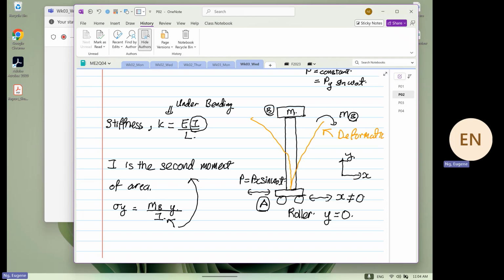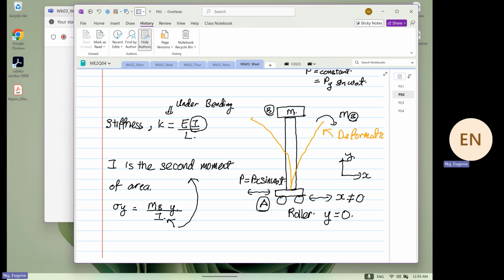If I orientate my structure this way, my second moment of area is lower compared to vertically. Repeat again. If I apply a load vertically, the second moment of area in this horizontal manner is lower than in vertical. So how do I prove that? If I take my finger now and press, what can you see?